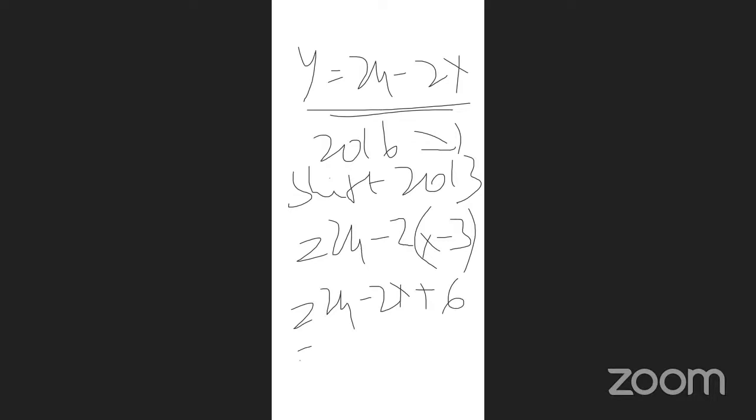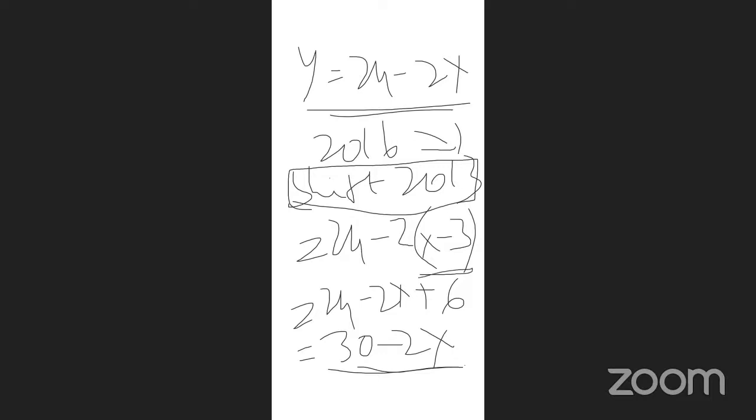So which is equal to 30 minus 2x. This is the equation on 2013, which is a backward shift. Understood? Whenever it is a backward, you have to take like this, x minus 3 in the equation. Followed?